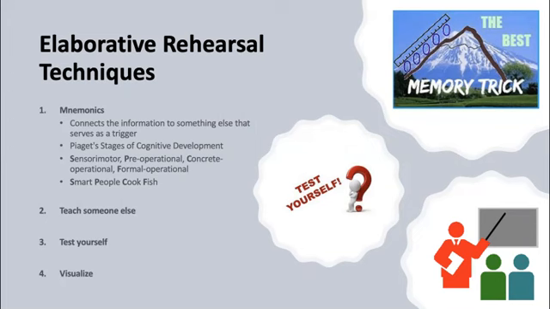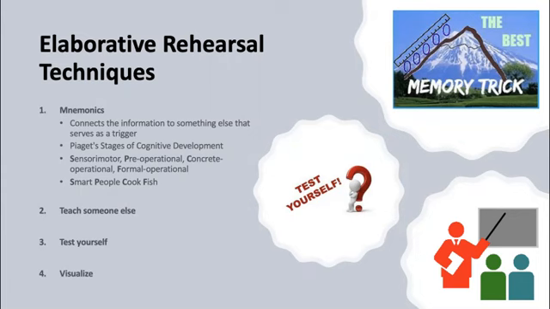By testing yourself on the information and repeating it, and then going back over the ones you got incorrect and testing yourself again, this is another technique that often results in the information being transferred to your long term memory. Because not only are you repeating this information, but you're actively learning and repeating it. So you're learning it, then you're quizzing yourself on it, you're going back over the ones you got incorrect, you're quizzing yourself again, and it often transfers that information to your long term memory.